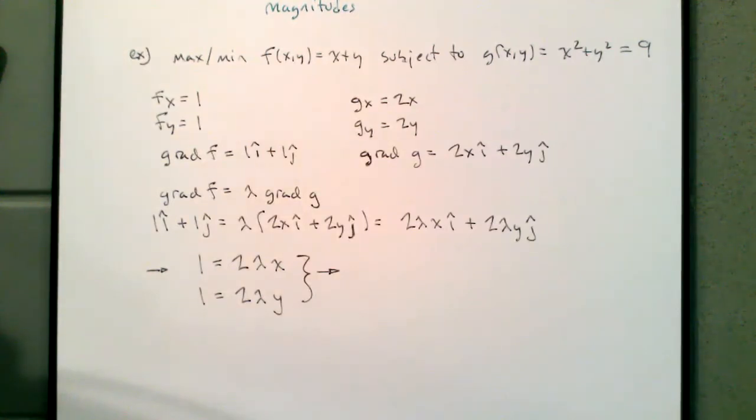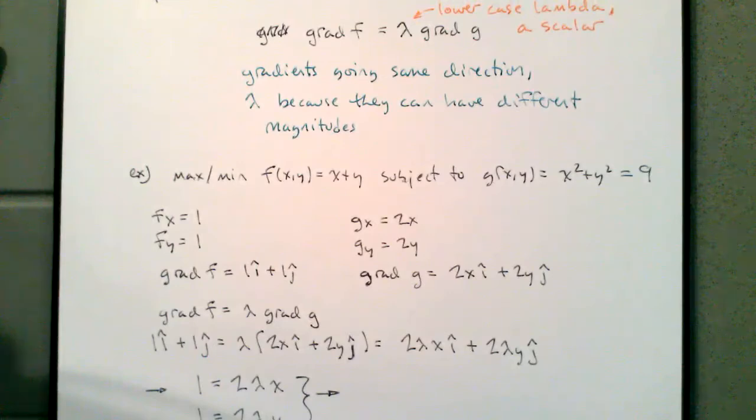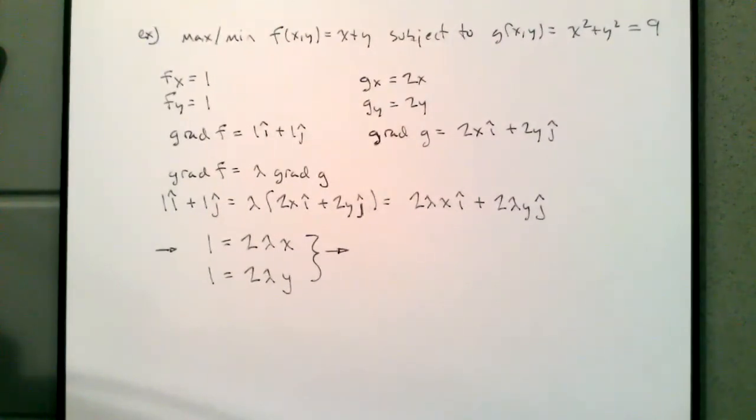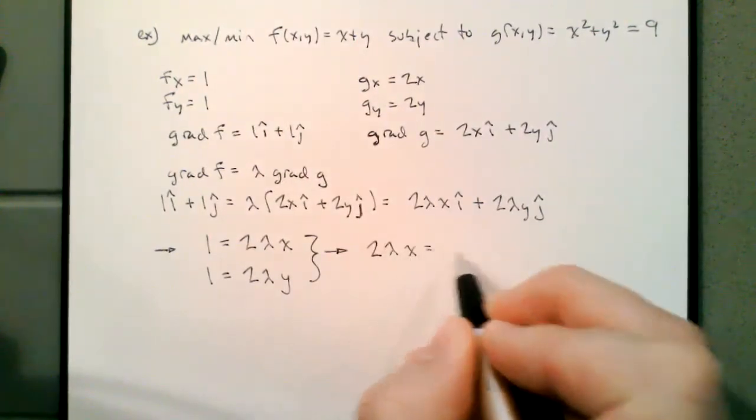Lambda just is a constant. It's just a scalar multiple that we put in, because I want the gradient of f and the gradient of g to go in the same direction, but they don't need to have the same magnitude. So the lambda will stretch or shrink the gradient of g so that it matches the gradient of f, because that'll capture the same direction information. So if 2 lambda x is equal to 1 and 2 lambda y is equal to 1, that means 2 lambda x is equal to 2 lambda y.